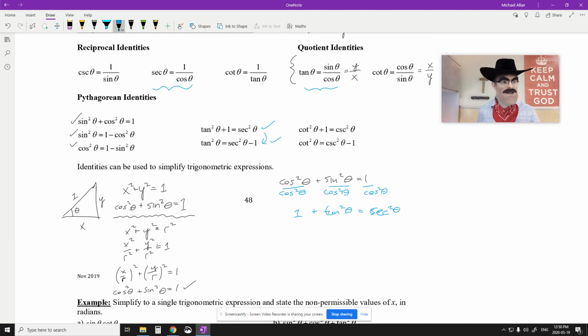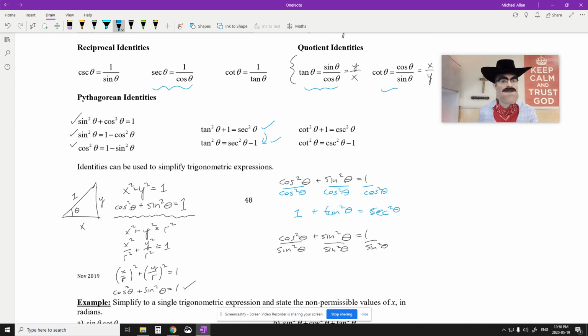Now the other one starts off the same way, but rather than dividing by cos squared, I just divide by sine squared. You can quickly see that that is going to end up being cos over sine.